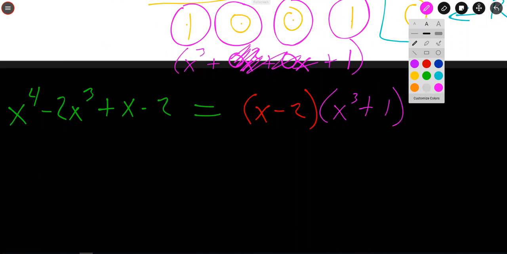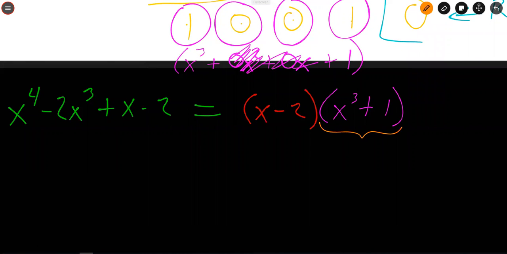Well, at this point, it goes really fast because x to the third plus 1, that is just a special cubic. It's a sum of cubes. So x to the third plus 1, I can rewrite as x plus 1 times x squared minus x plus 1.